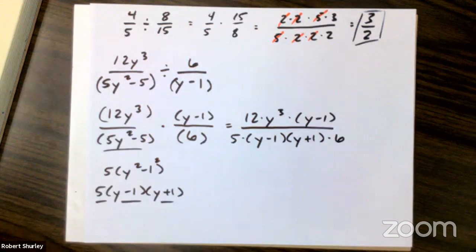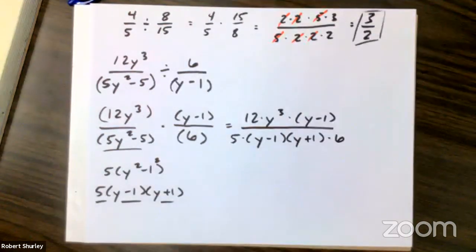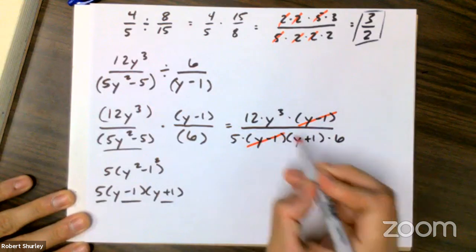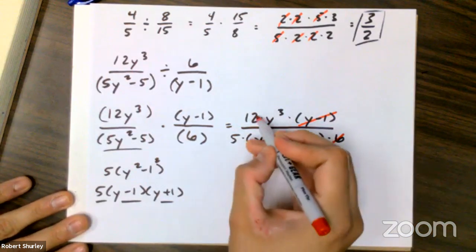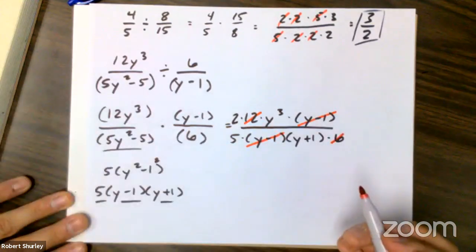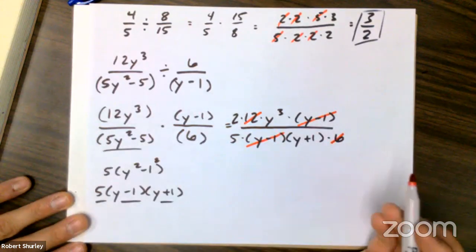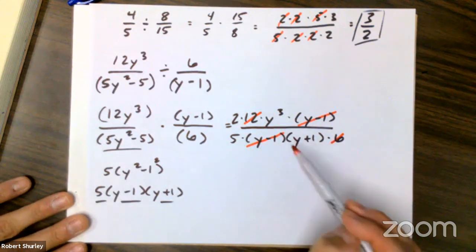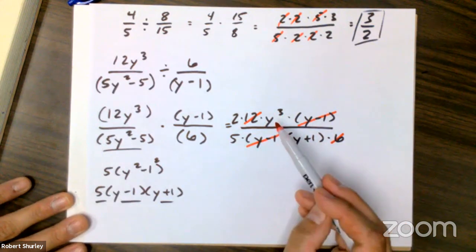Okay. And then I'm just going to go through with my red marker and cancel everything I know that cancels. I see the y minus 1. This 6 in that 12 is going to turn into a 2, right? I think that's it. Look, we got y cubed. There's no y's down here. That's a y plus 1. Remember, we can't cancel a parentheses with a single term.